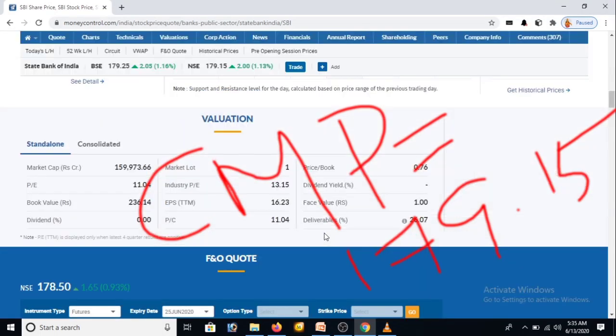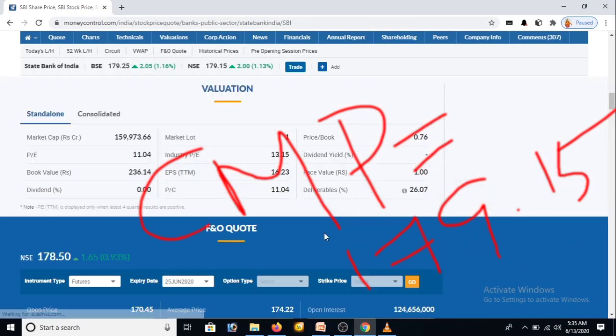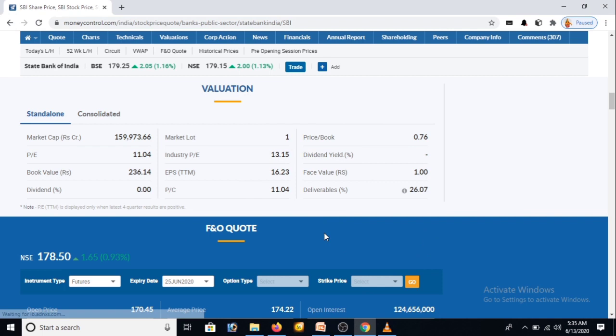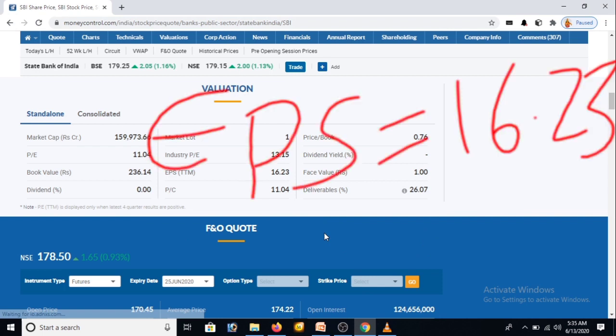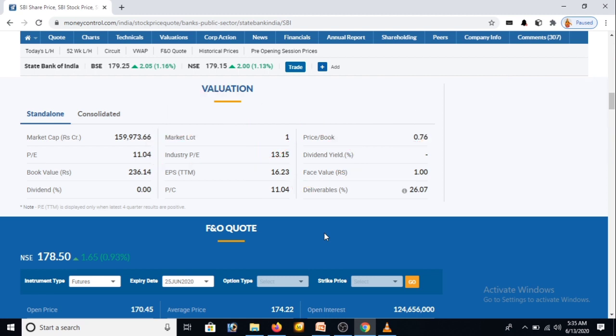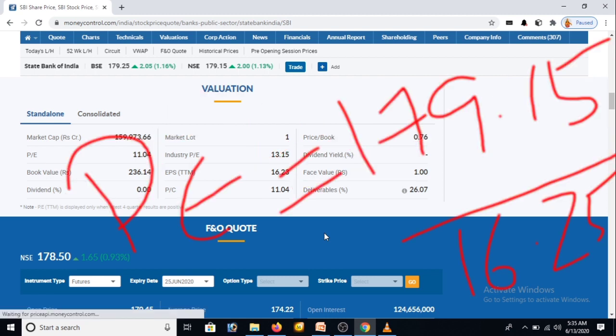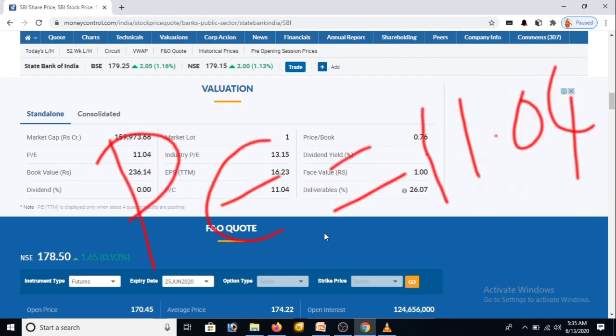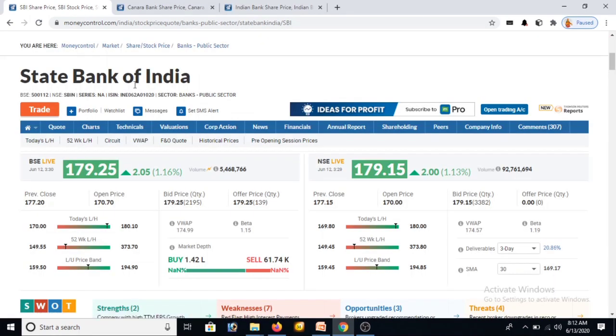Let me describe this with the help of a live example. In this case, the current market price is 179.15 and the EPS is 16.23. So when we divide 179.15 by 16.23, we have the PE, that is 11.04. Hope this calculation part is clear to you.